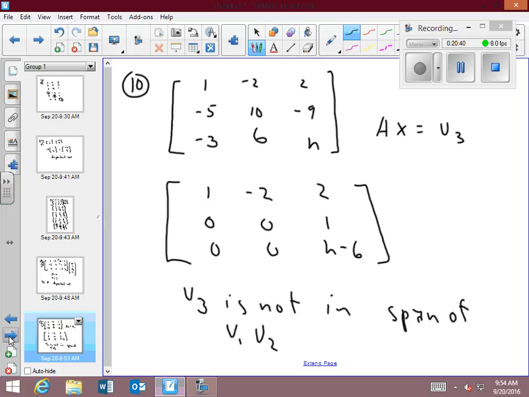The next thing it's asking you is, for what values of h are b1, b2, b3 linearly dependent?